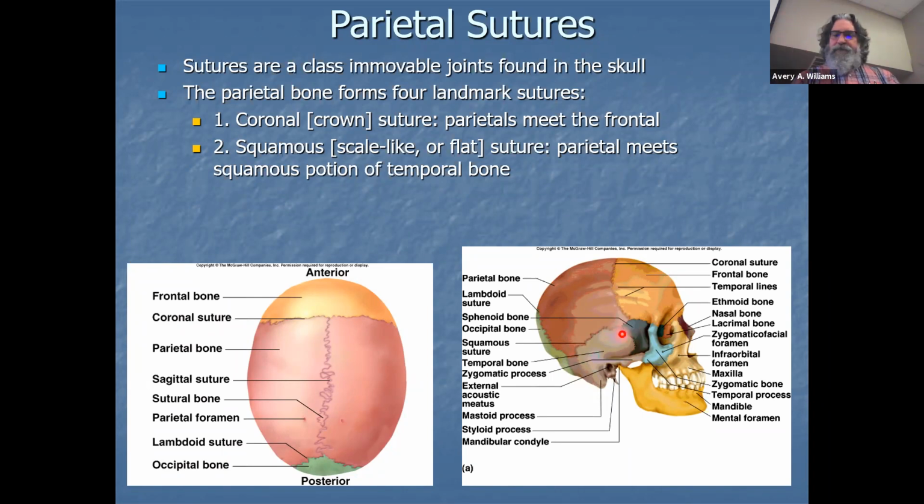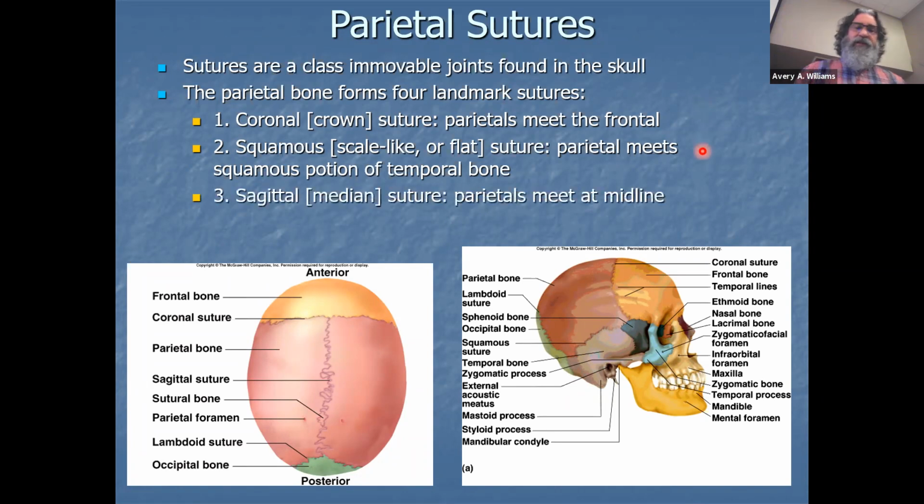Flat, squamous. And then there's a kind of bony part down here, the mastoid portion. The petrous portion is on the inside, but you'll learn all that in lab. This big flat part is the squamous portion. You can see where the squamous portion of the temporal bone articulates with the parietal bone, and that forms the squamous suture, along the bottom fourth of the parietal bone. So that's number 2.